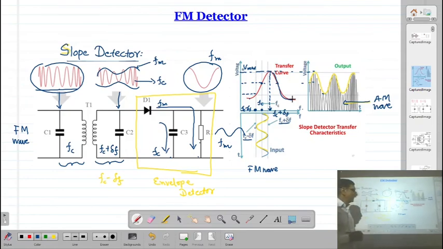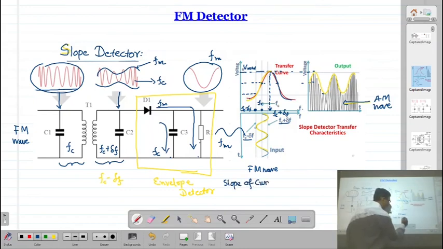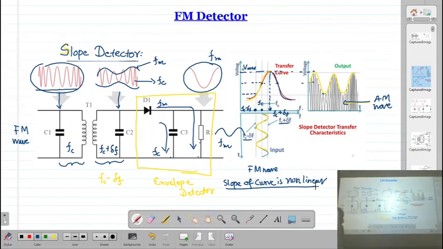Now, the only thing is, what is the disadvantage? The disadvantage is that whatever slope we have, this slope here, is non-linear. The slope of the curve is non-linear. It means that due to this non-linearity, you will not get an output voltage proportional to the frequency.